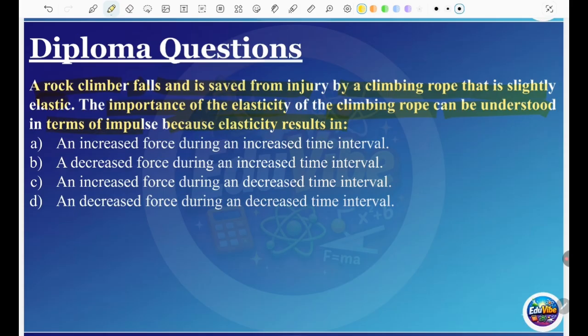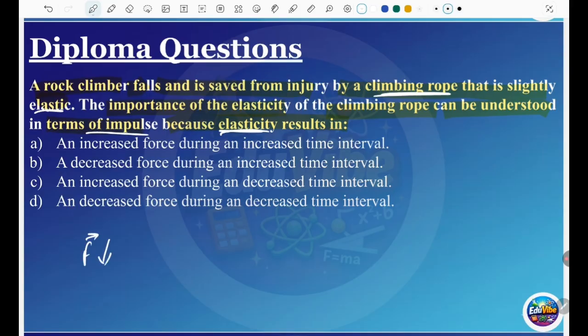If we have an elastic thing, like the climbing rope, the elasticity decreases the force.